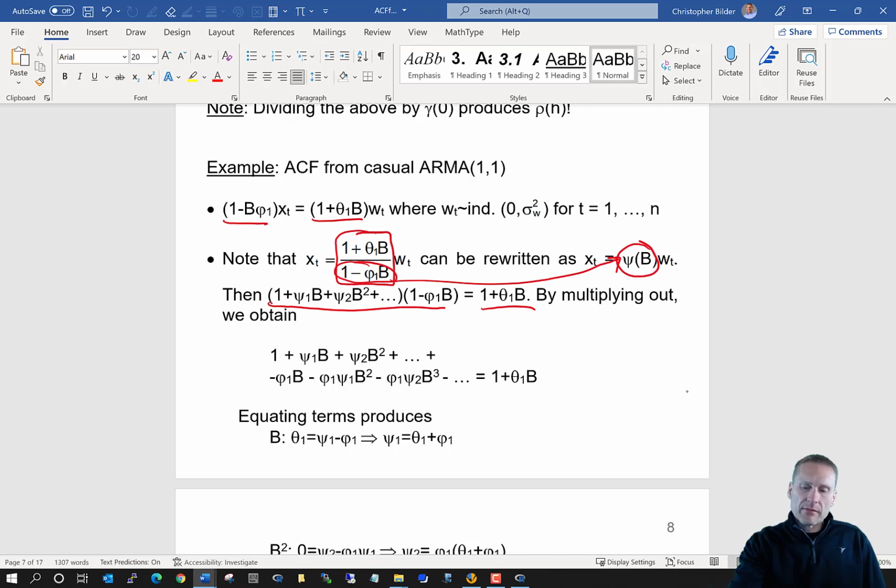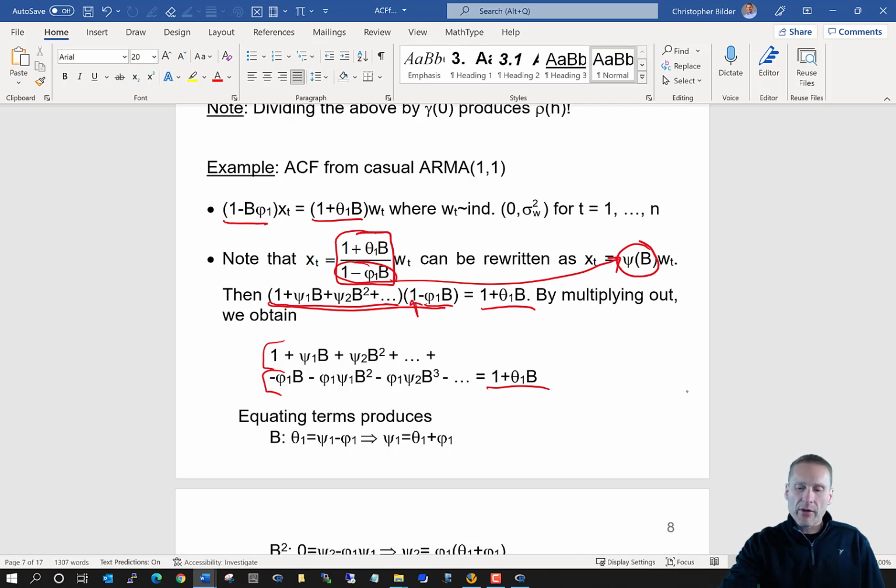So let's first take 1 times this infinite linear combination. This is what I get there. Then I'm going to take negative phi 1 b times this infinite linear combination. This is what I get there. Set that equal to 1 plus theta 1 times b.